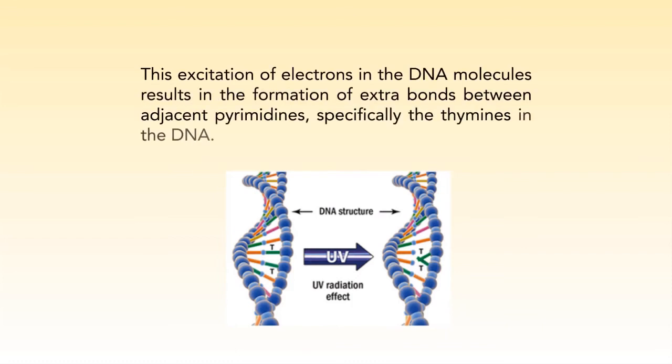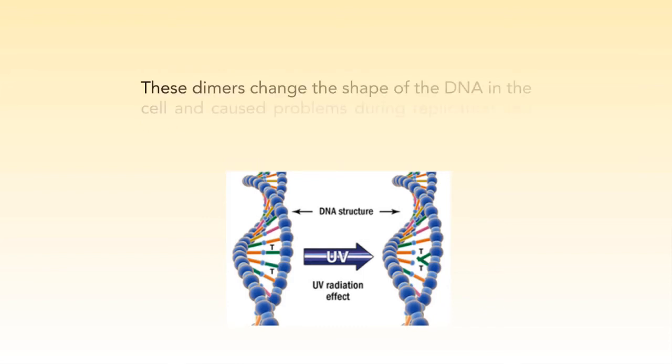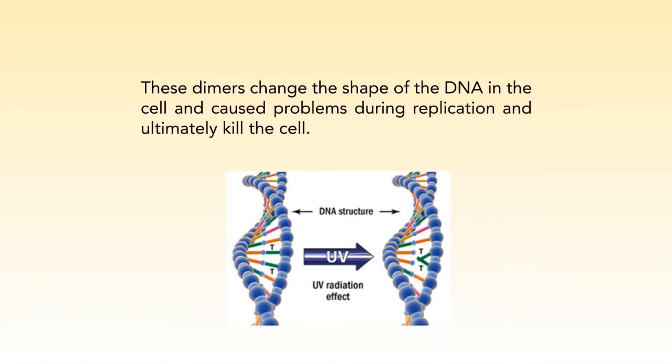This excitation of electrons in the DNA molecule results in the formation of extra bonds between adjacent pyrimidines, specifically the thymines in the DNA. The bonding of the two thymines is called thymine dimers. These dimers change the shape of the DNA in the cell and cause problems during replication and ultimately kill the cells.